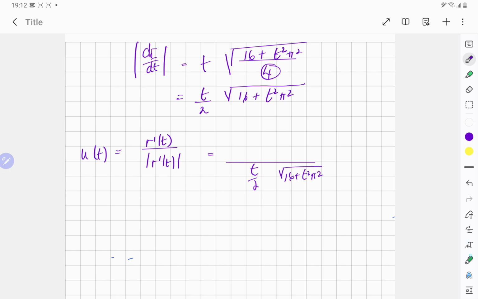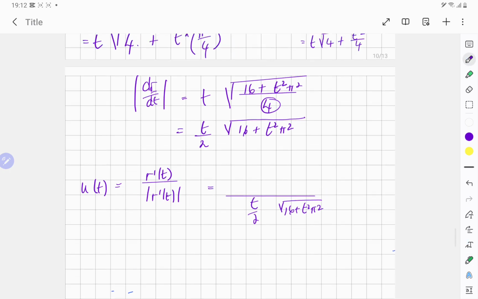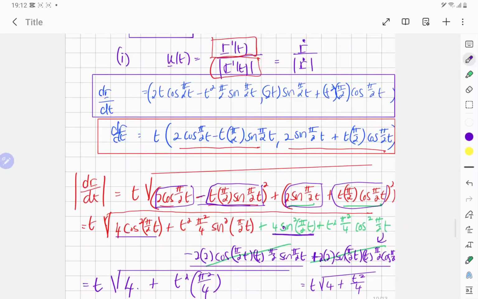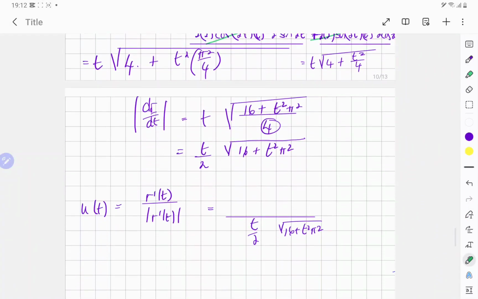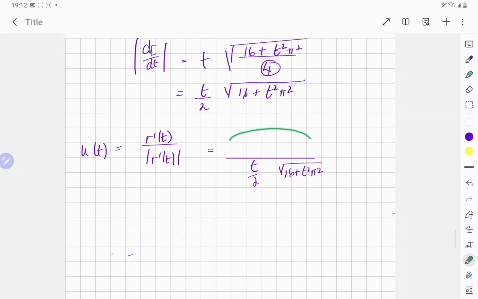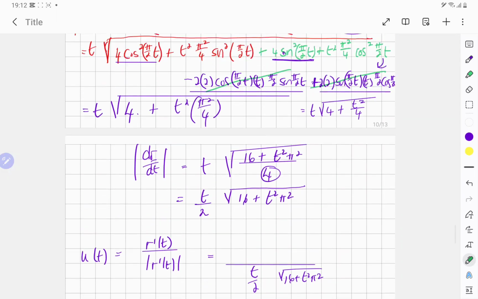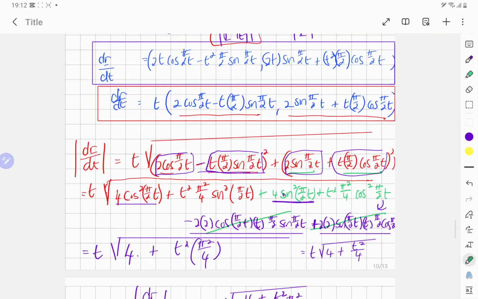This was my answer that I've just done for the denominator. The answer for my numerator was, remember, this whole fraction here. So I'm not going to write it now. This whole vector will go over there, and you have your unit tangent vector.